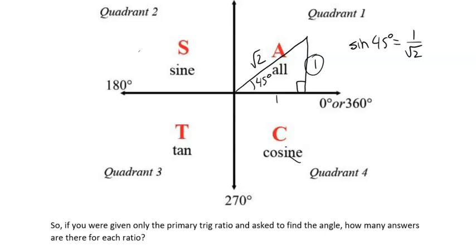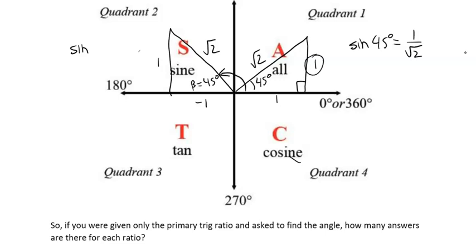Well, where else is sine positive? Sine is positive in the second quadrant, and that's because if I drew my related acute angle here, 45 degrees, in the second quadrant, then I'd have 1, negative 1 down here, and root 2, because the x value is negative 1. And so what I'm going to do here is, if I calculated sine here, sine of what angle?